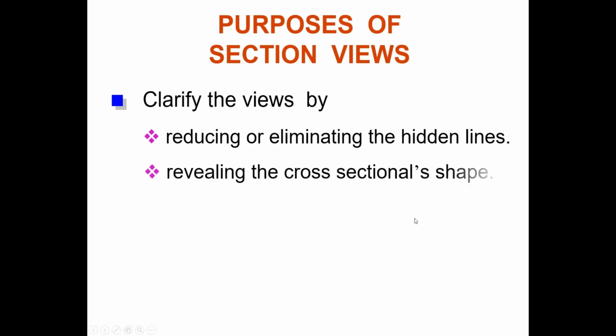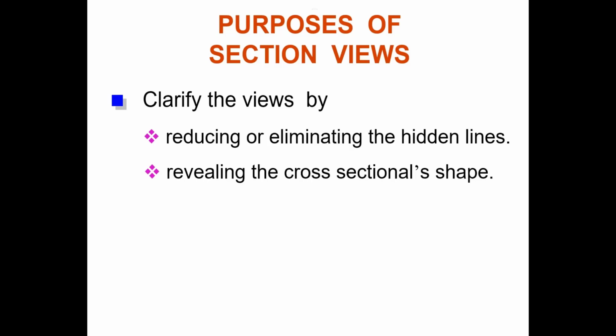Section views also reveal the cross-sectional shape, because some parts have internal features inside. For example, a casing with a lot of components and some structure inside it. Without sectioning, we have a lot of hidden lines, so we need to do sectioning to see what's inside.